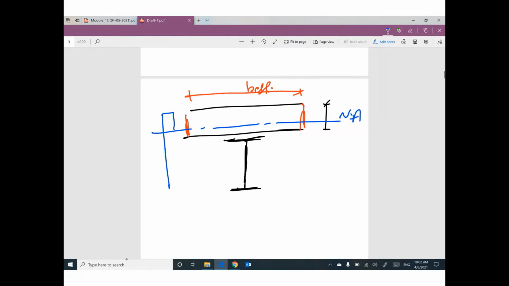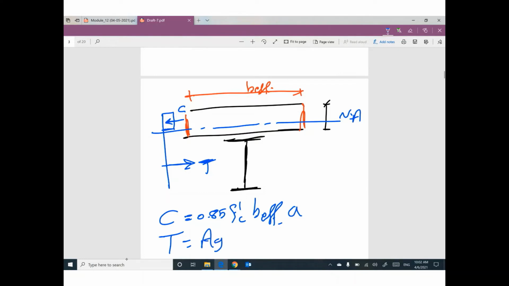This one will be under compression, we have capital C. This one will be under tension, we have capital T. The capital C equals 0.85 f'c b effective times a. Capital T equals area gross of this steel beam times Fy. For equilibrium, both of them are equal. So T equals C. I can figure out the distance a. Then I can figure out the nominal moment.